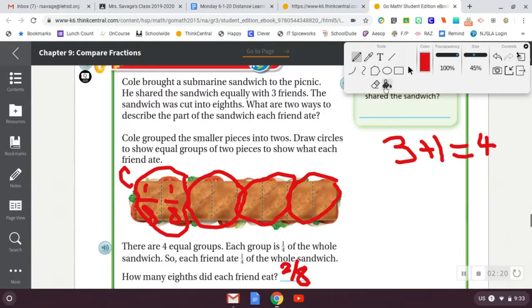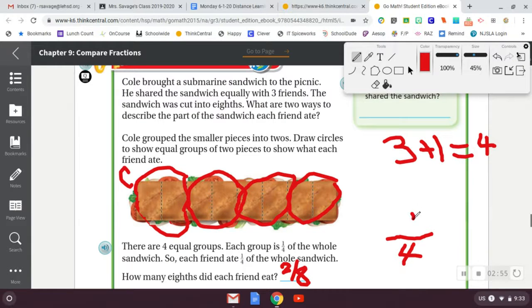But now let's look just at the circles I just made and pretend these lines aren't here. Let's just look at these 4 circles. If this is what Cole ate and the total of all the pieces is 1, 2, 3, 4, so my denominator is 4. How many pieces of that did Cole eat?